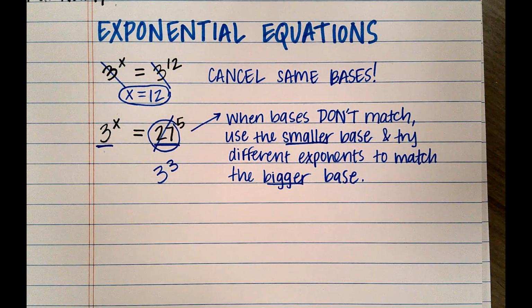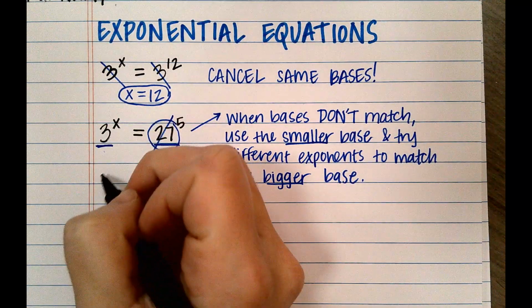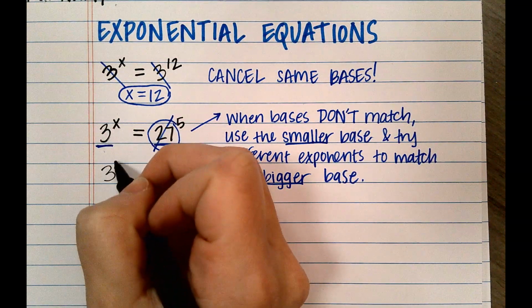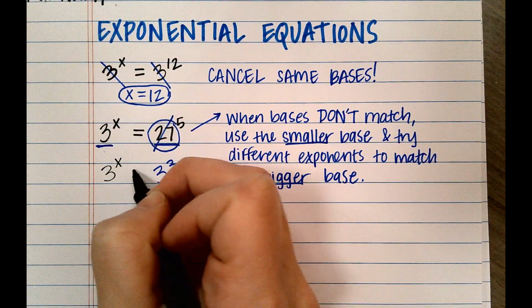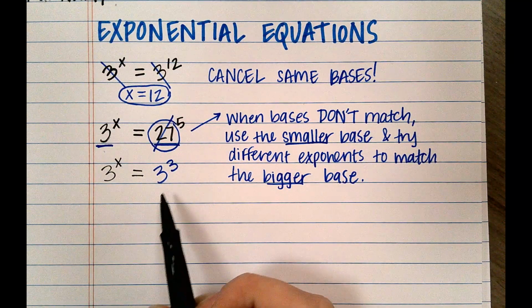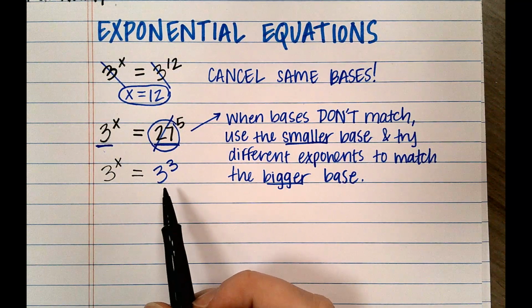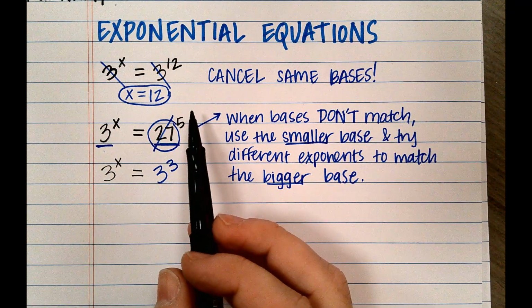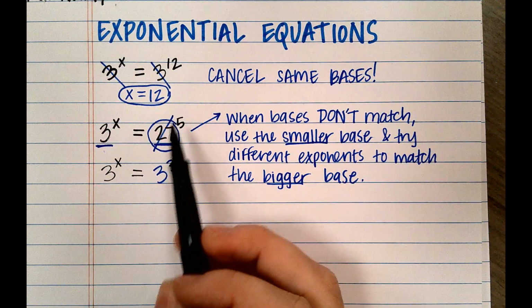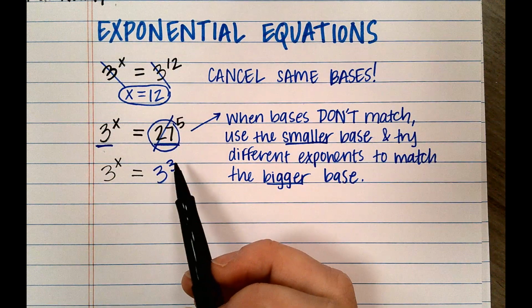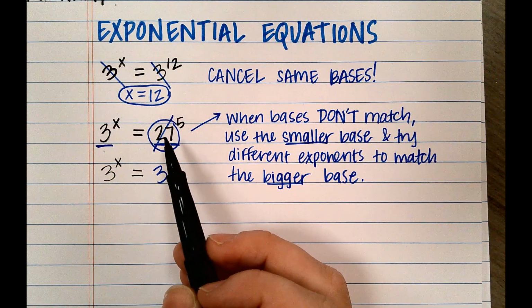Bring down everything else. We have 3 to the x power to bring down. We have an equal sign to bring down. We have one more little thing to bring down. The 5.